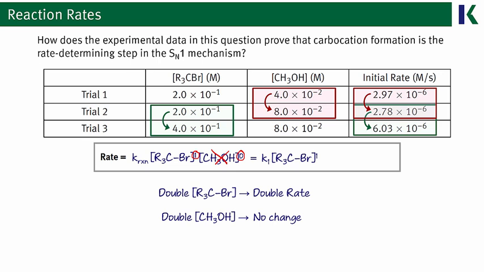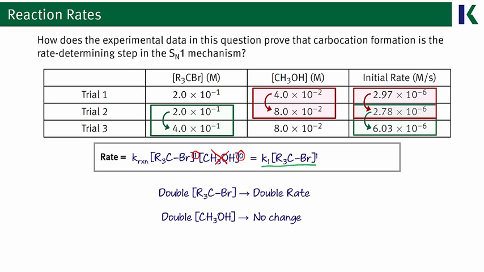One last question for you. Overall, how does this data prove that the first step, carbocation formation, is the rate determining step for an SN1 reaction? I'd like you to answer that question right now. Observe that our final experimentally determined rate law is exactly equal to the rate law for the first step.